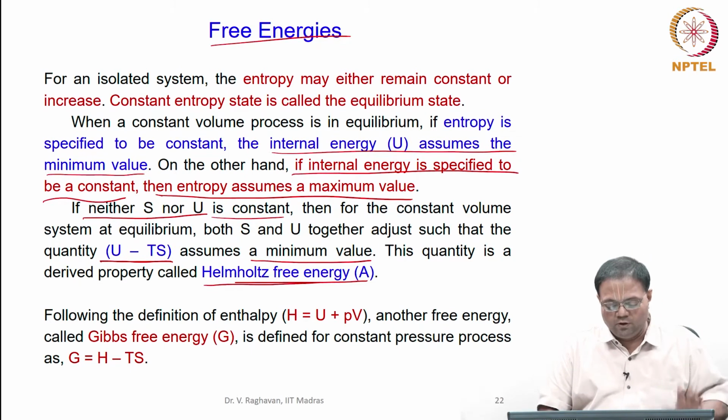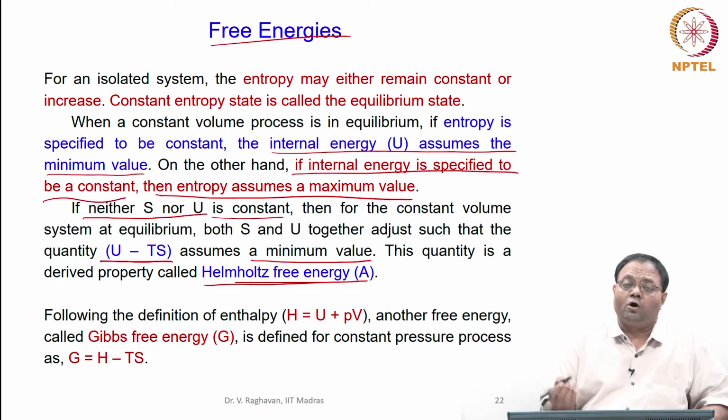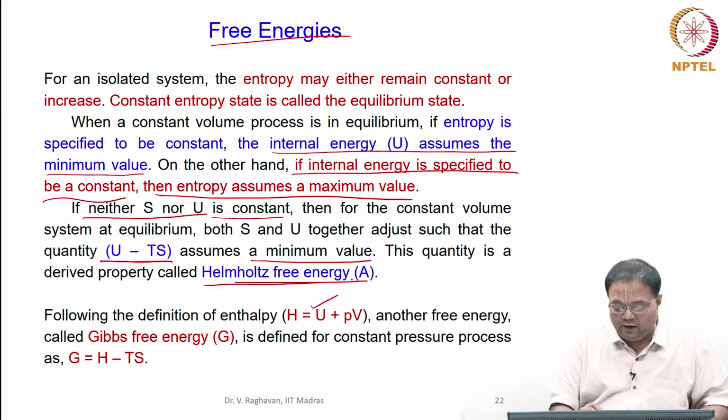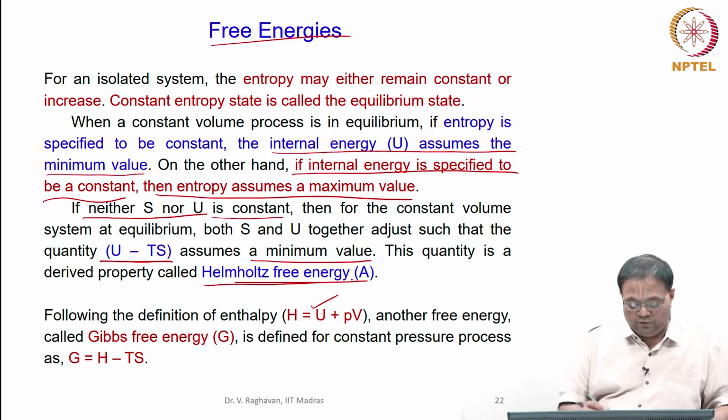Chemical equilibrium is attained. Now for a constant pressure process, you define enthalpy like this: H equal to U plus PV. Correct? It's a derived property. Even though it is derived from a constant pressure process, it is a property at a state point, a basic state function.